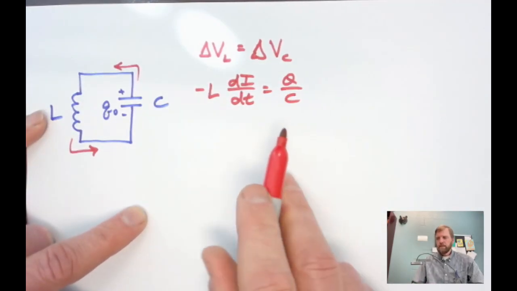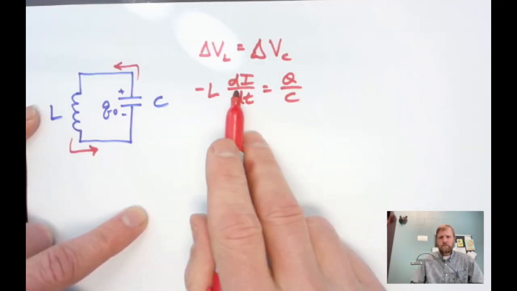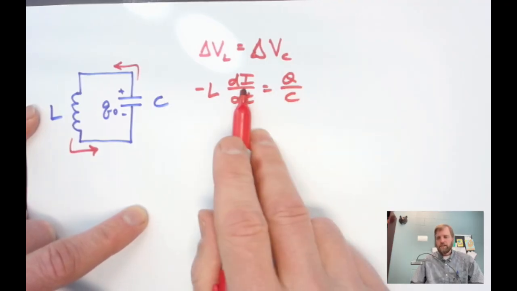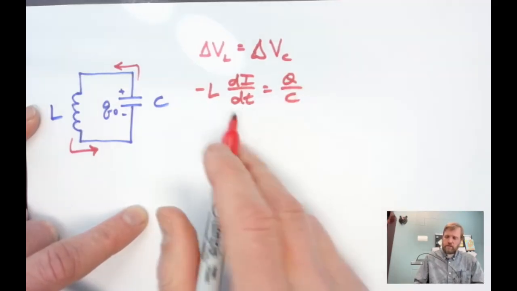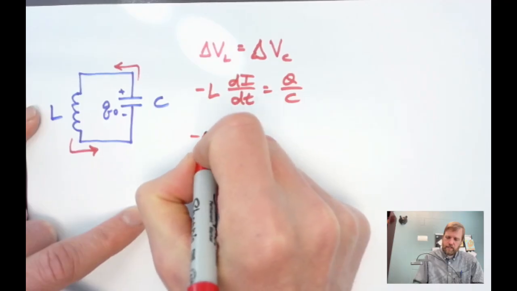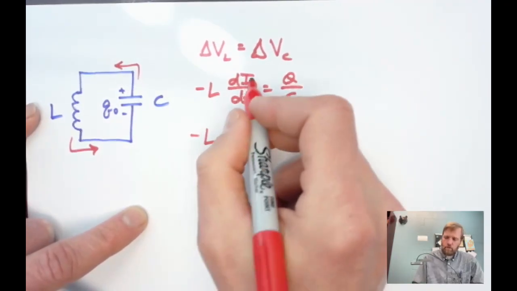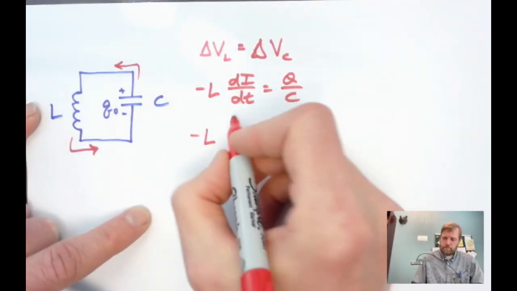Now, I and Q are related, right? Q is the charge that's stored up in the capacitor. I is the movement of that charge. So we can actually relate those two, and we can say that this is actually negative L, and I is the time derivative of charge, dq dt.